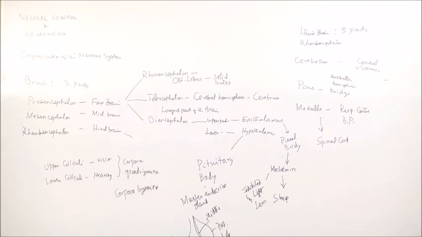So, the brain is located safely inside the skull or the brain box, and the medulla part of it comes out as the spinal cord to pass along the vertebral column.